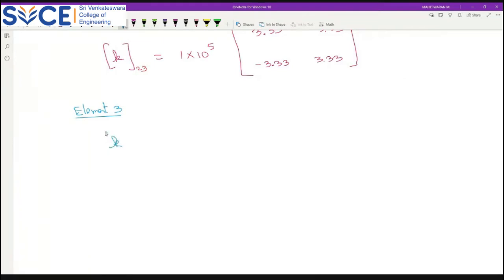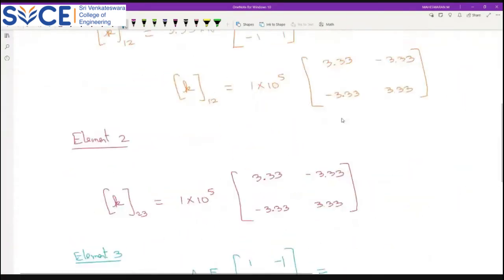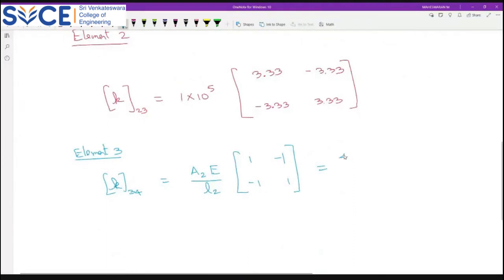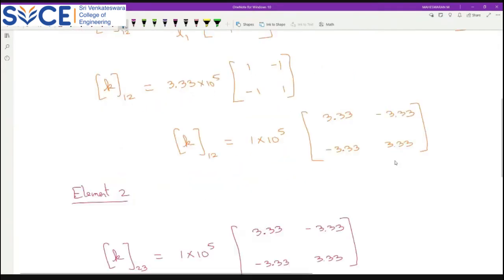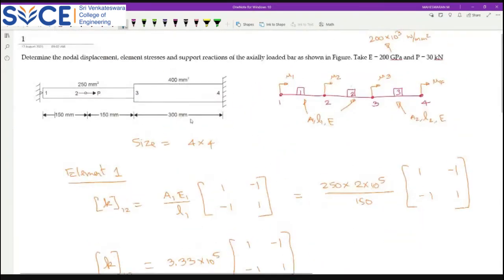So element 3 is connecting 3 and 4, which is equal to A2 E2, because your Young's modulus is the same, divided by L2 times the matrix 1, minus 1, minus 1, 1. Your area for this is 400. So 400 into 2 into 10 power 5 divided by L2. What is your L2? The total length for element 3 is 300.